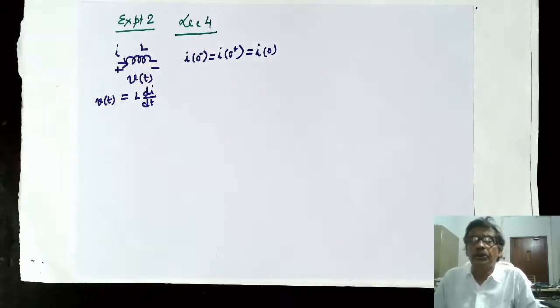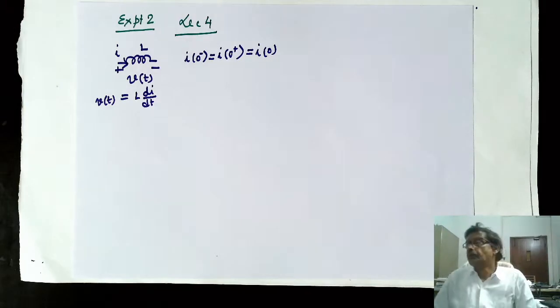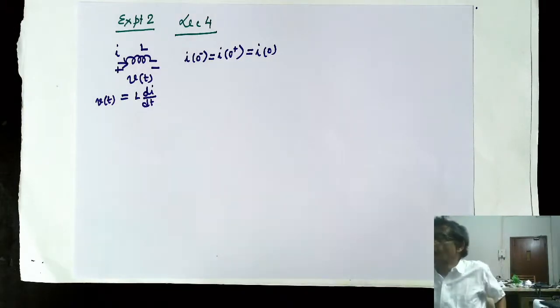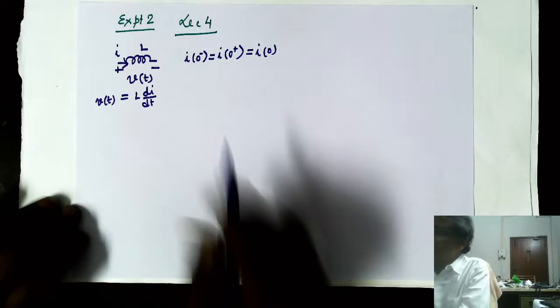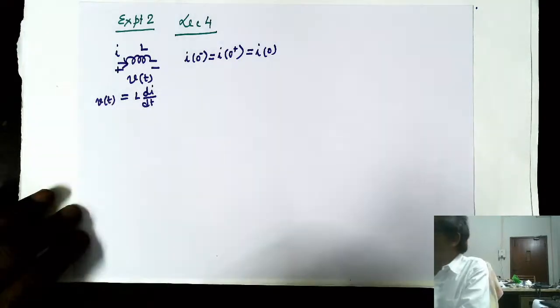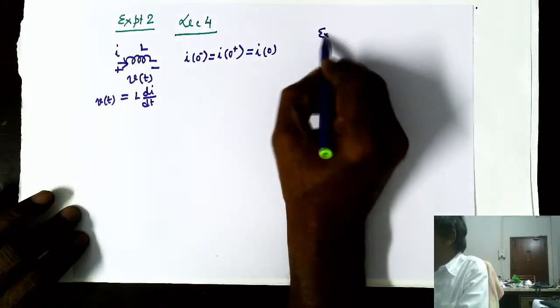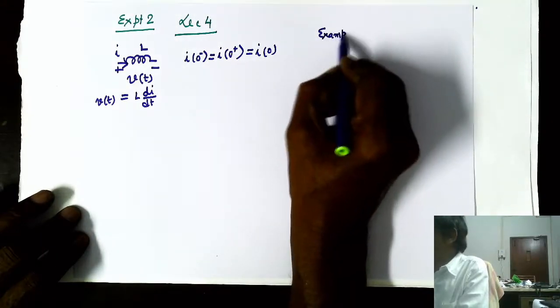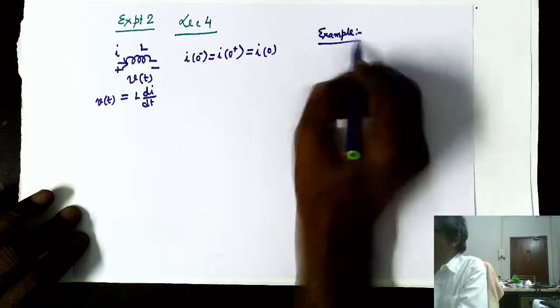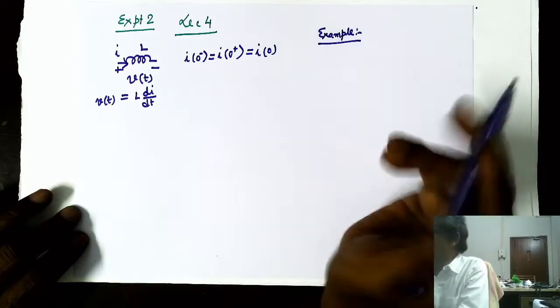Now let us do a simple example to find out the response of the current of this circuit. How do I find out the current when a specific voltage is applied to the inductor?